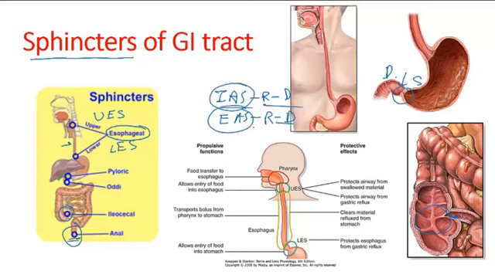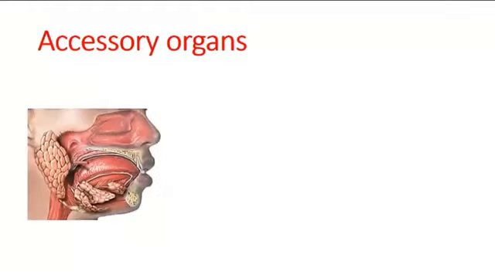Now let's move to the last part of the discussion, which is accessory glands. There are several accessory glands which are not directly involved with the gastrointestinal tract but play a very important role. We normally have three types of glands that are important: salivary glands, liver and pancreas.